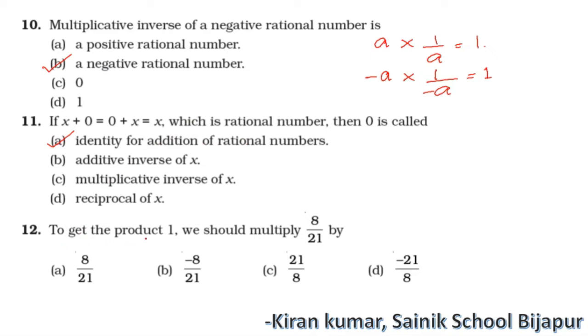To get the product 1, we should multiply 8 by 21 by 21 by 8. Option C is the right answer, because 8 by 21 on multiplication with 21 by 8, we get 1, since 21 and 8 both get cancelled.